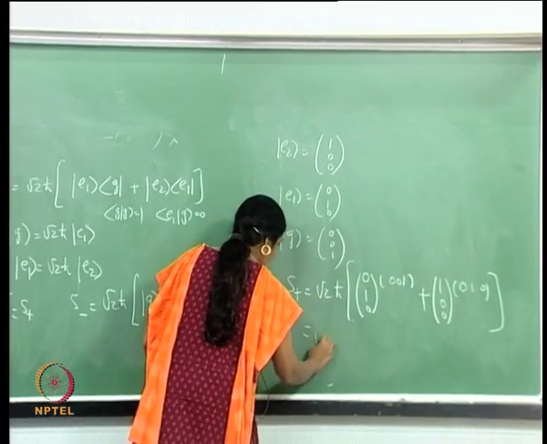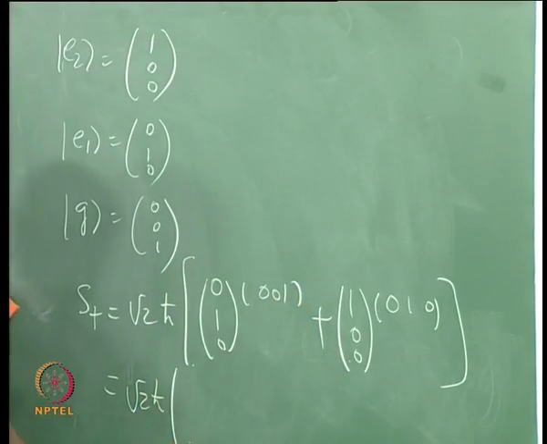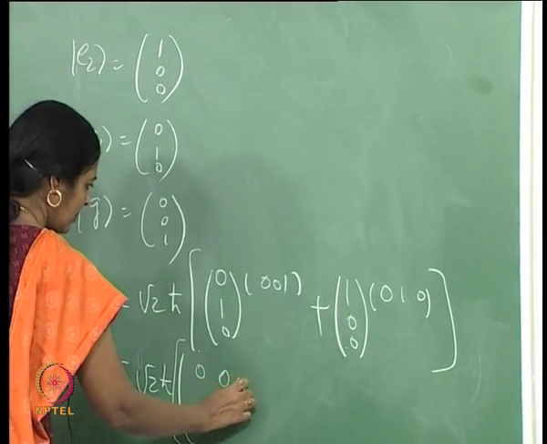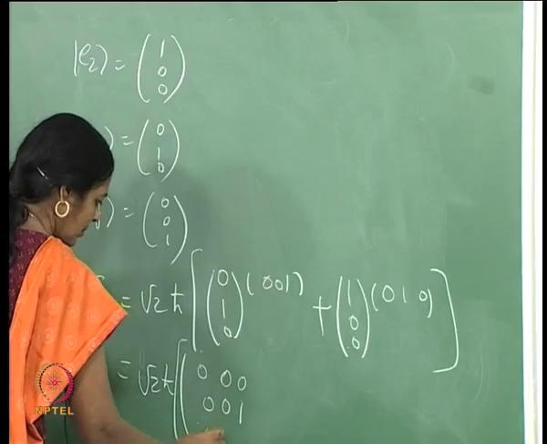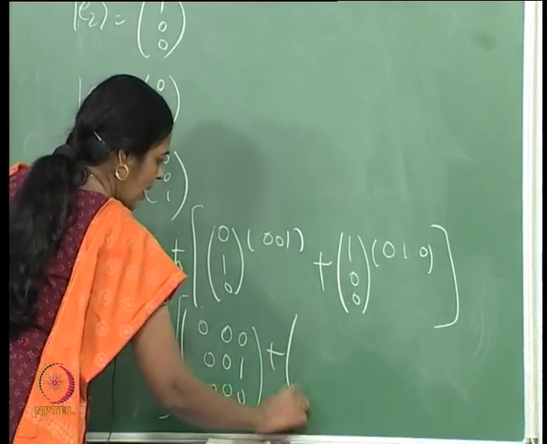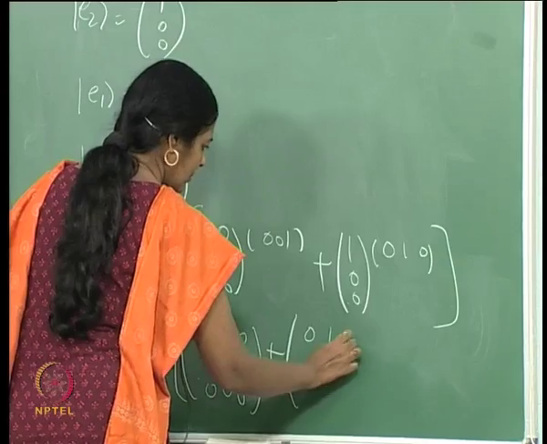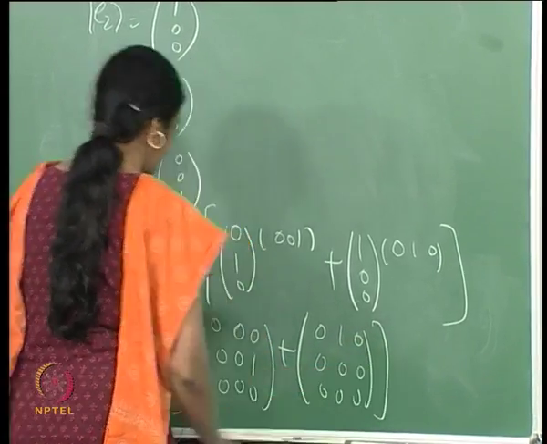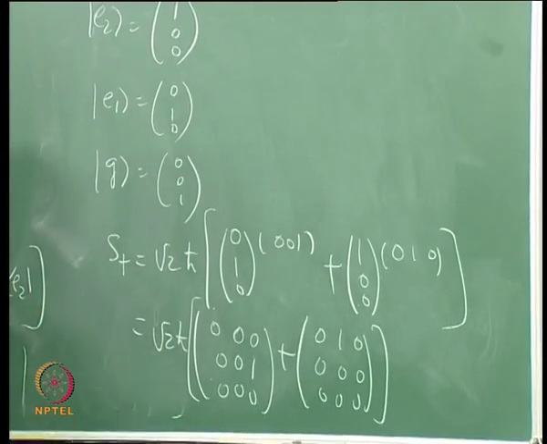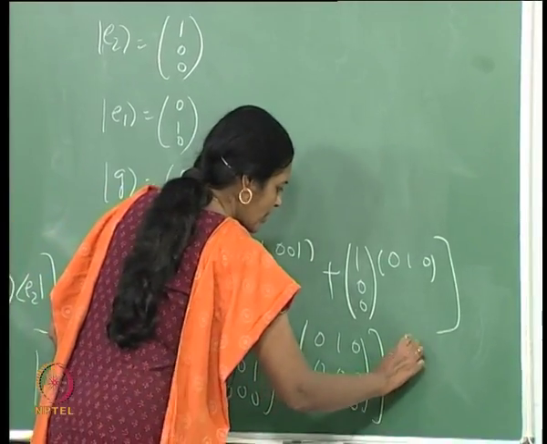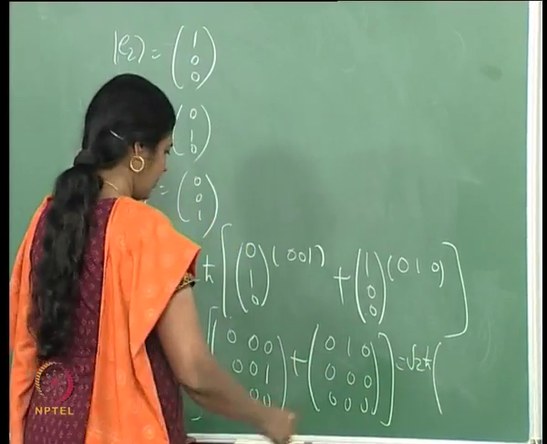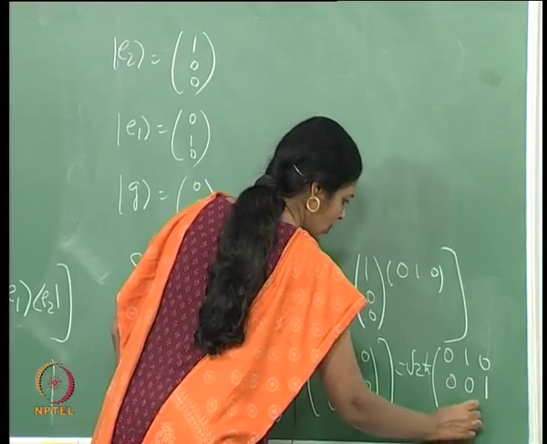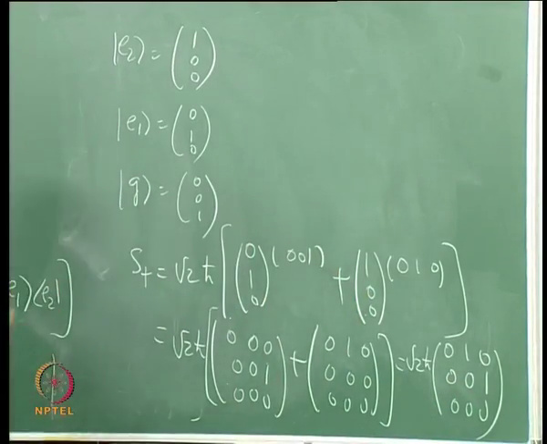So, this matrix is simply root 2 H cross this plus that, which can be easily simplified. It is just root 2 H cross 0, 1, 0, 0, 0, 1 and 0, 0, 0. So, that is my S plus.